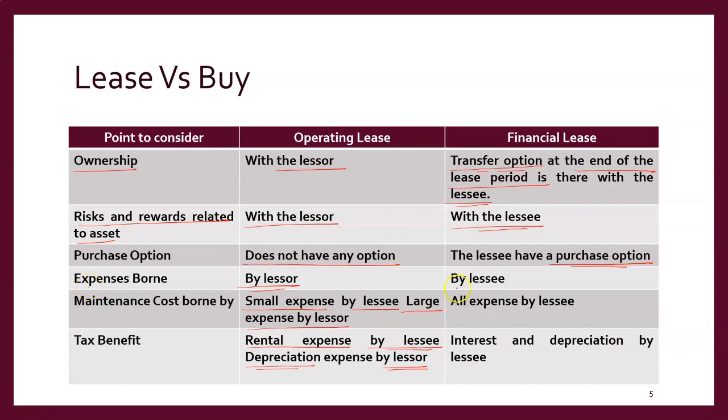All expenses have to be borne by the lessee. Maintenance cost, again, has to be borne by the lessee. Tax benefit: the interest and depreciation generated by the machine will be taken by the lessee, so the lessor does not have any tax benefit.